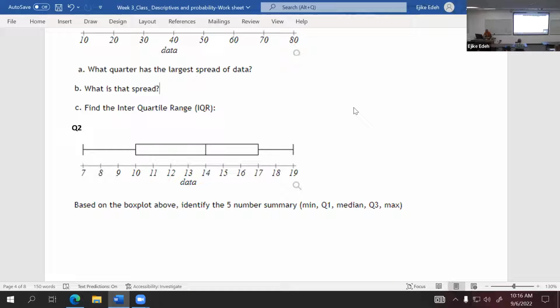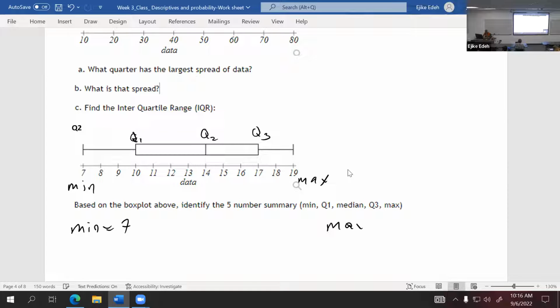In the box plot, the smallest value, of course, is the minimum. This is the maximum. This line here is your Q1. This is your Q2, and this is Q3. So if we want to get the 5-number summary here, the minimum will be 7, isn't it?